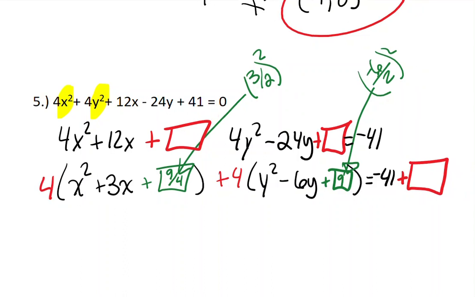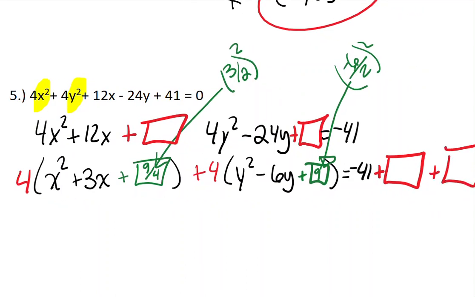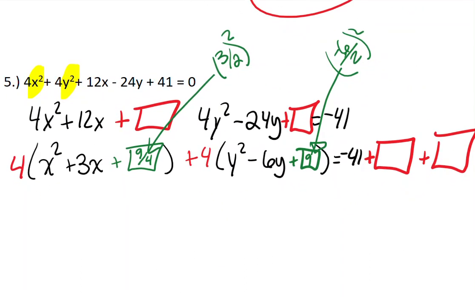What do I put in these boxes? Good. 9 and 36. Because of the 4 on the outside. Even though I wrote 9/4, what I'm really doing is 4 times 9/4, which is 9. And I'm doing 4 times 9, which is 36.